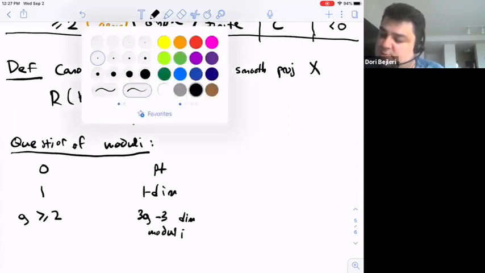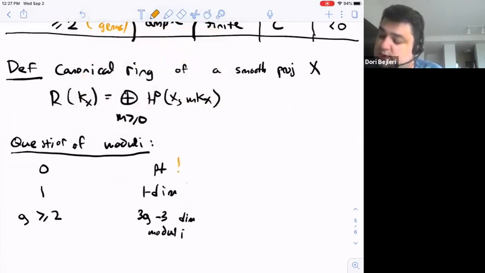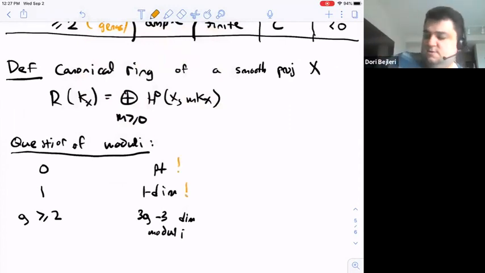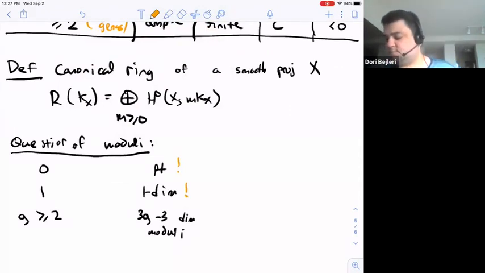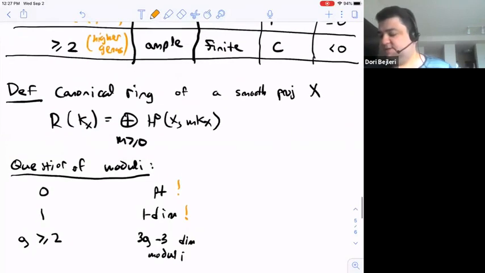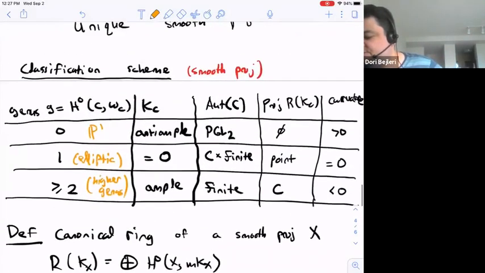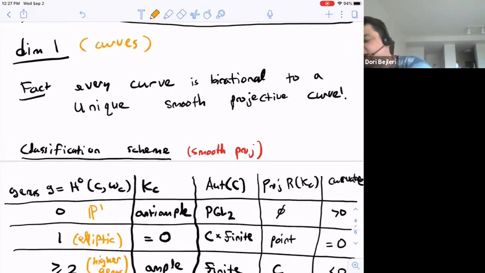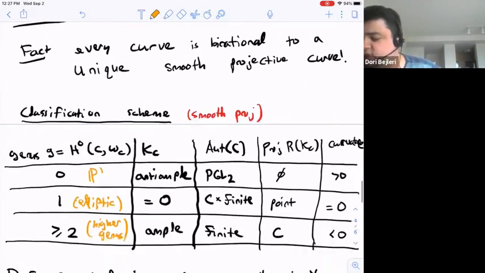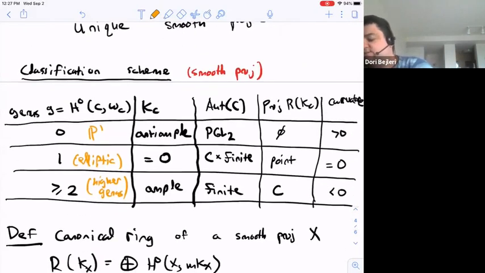Okay, and just to not be lying, I'll put some warning here and here because there's some extra caveats to talk about moduli spaces in those 2 cases. But now the point is that we've reduced our classification problem. First, we said find a nice representative, and for curves, there's just a unique smooth projective representative. Then we said, how do you classify the properties of this smooth projective representative in terms of the canonical divisor, because it's about the only piece of data we have to work with that's not the trivial divisor.